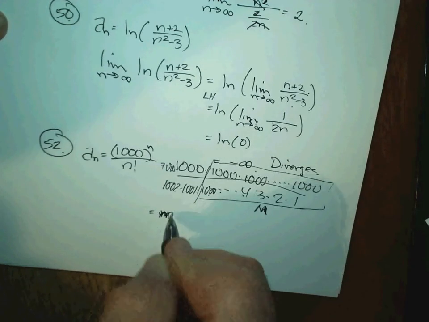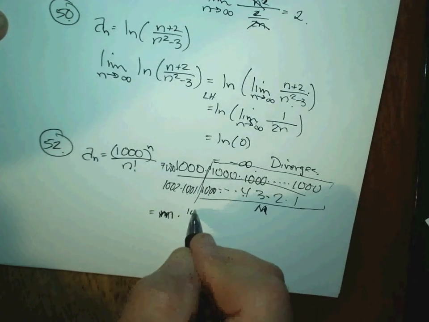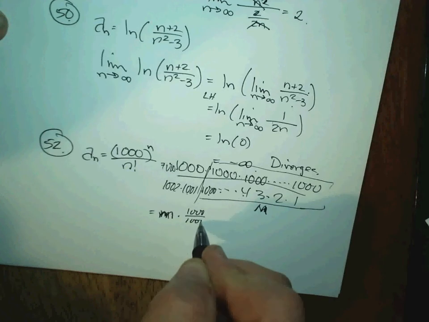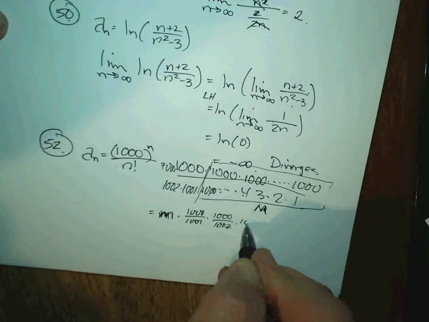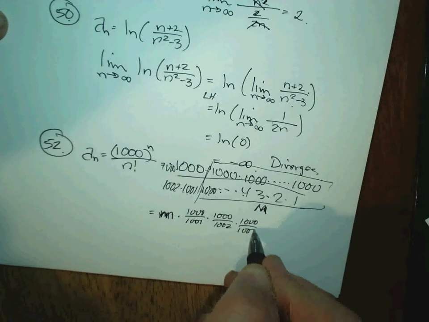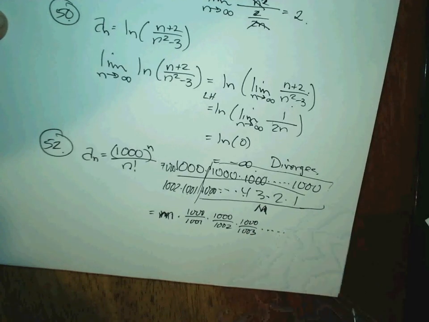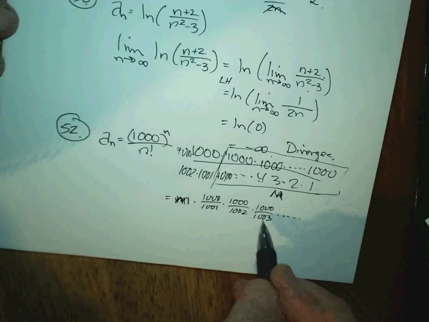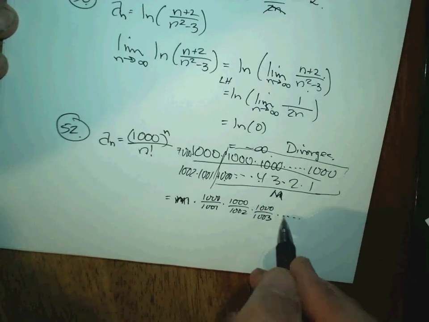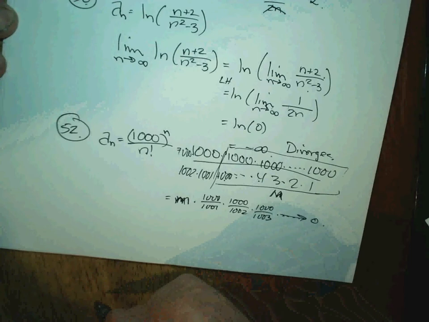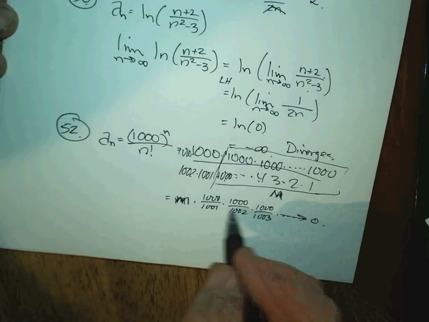That is just a finite value. We call it m. Okay? And then from then on, what you have is m times 1000 over 1001, 1000 over 1002, 1000 over 1003, and so on and so forth.